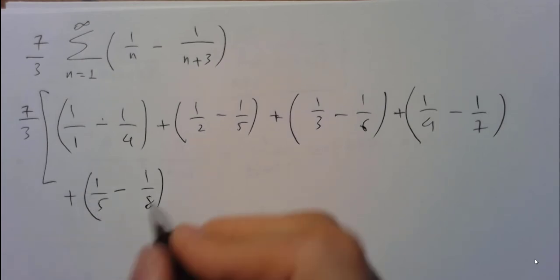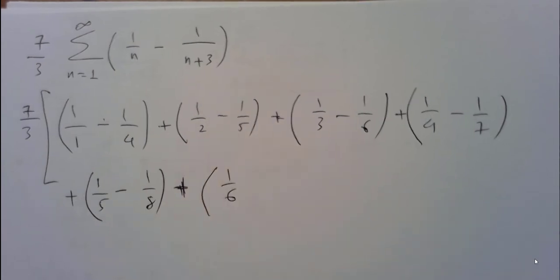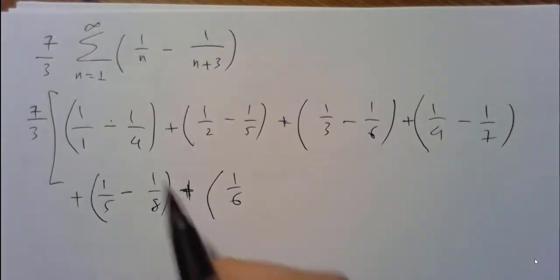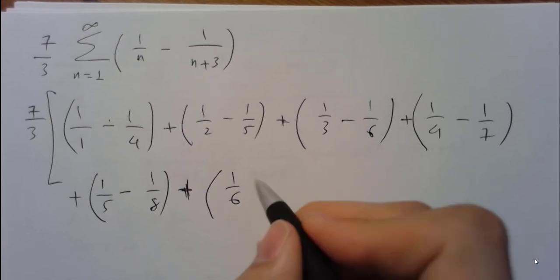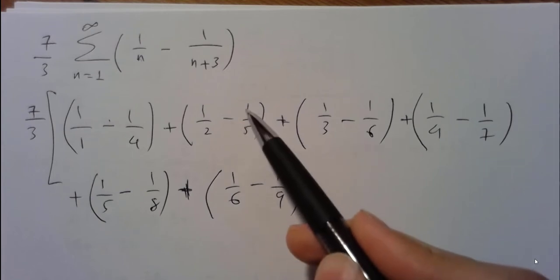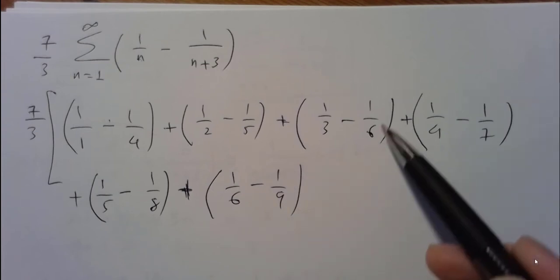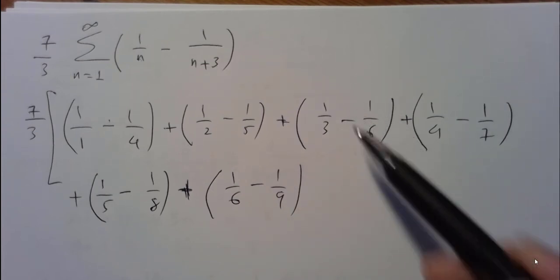Let's keep going and see what's going on. The sixth term, 1 over 6, and 6 plus 3 is 9, so minus 1 over 9. You can also see 1 over 5 cancel with this one here, and 1 over 6 also cancels with minus 1 over 6 right here.